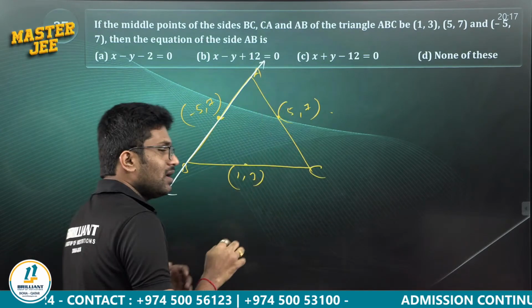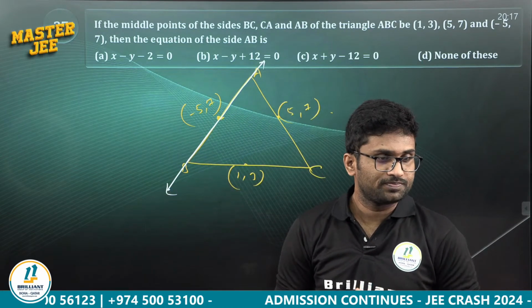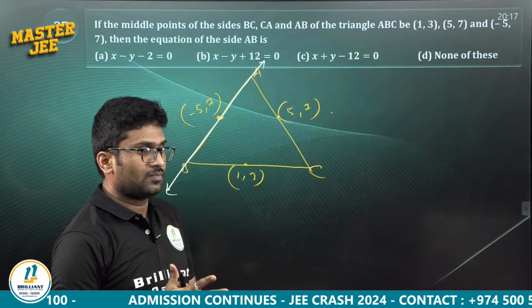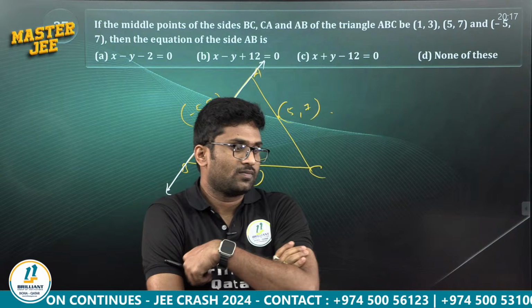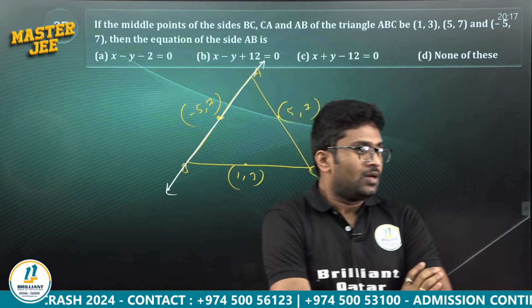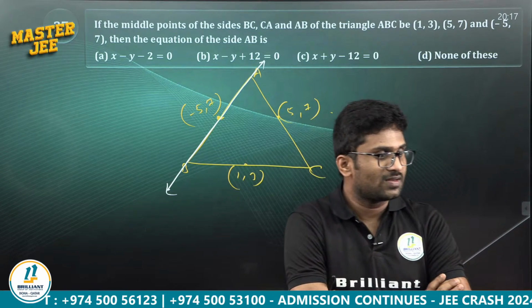Can anyone tell me the hint? What is the procedure? How do we get the equation of side AB?